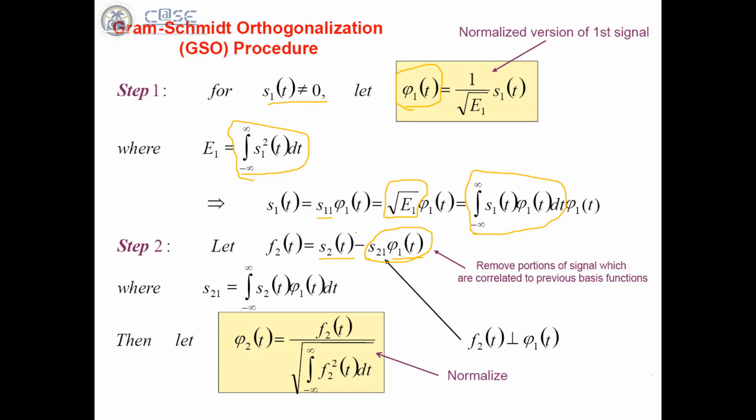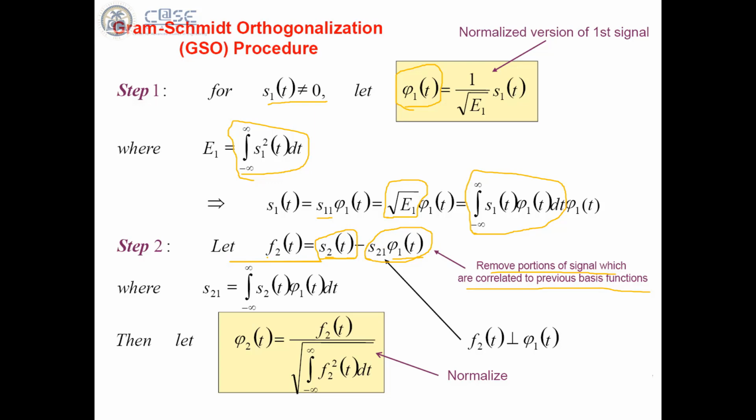That is, you choose the function s2 of t out of the available remaining functions, minus the contribution of s2 of t using the previously calculated basis function phi1 of t. That is, you are removing the portions of the signal which are correlated to previous basis functions from the signal s2 of t.